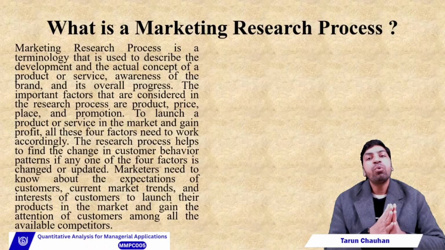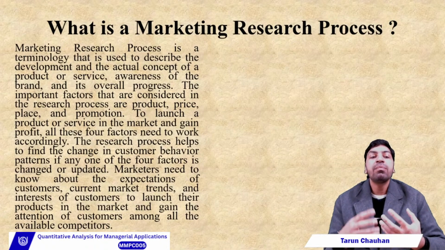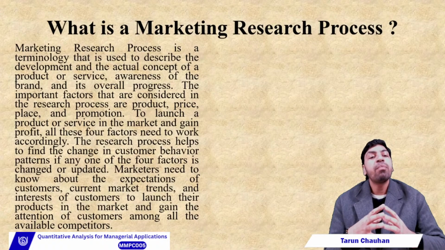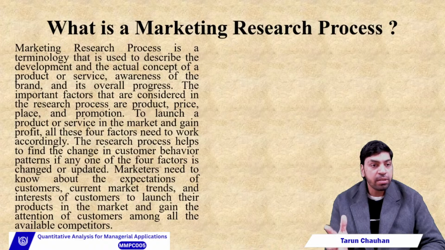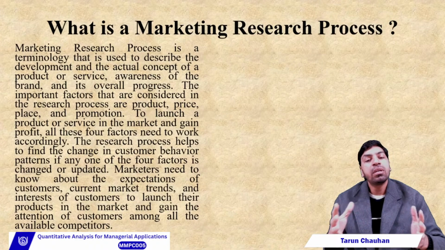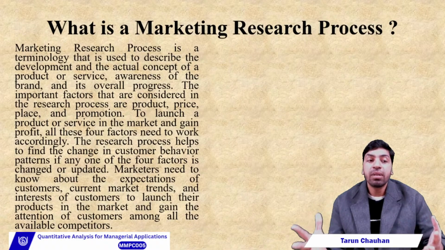The four main marketing mix elements, that is product, price, place, and promotion, are the major or important factors considered in the overall research process for a particular company or firm.